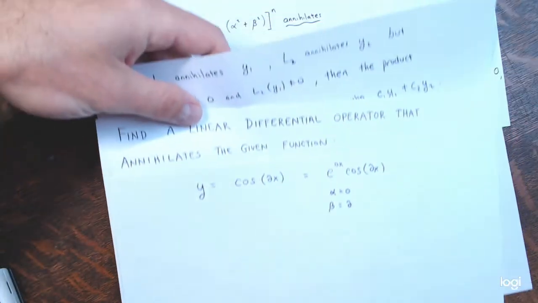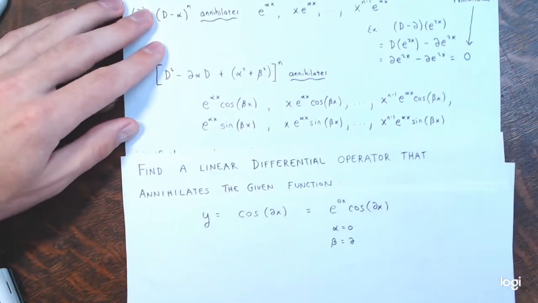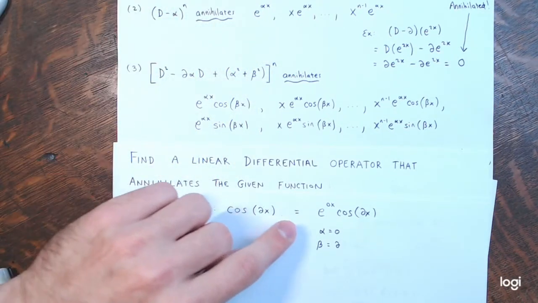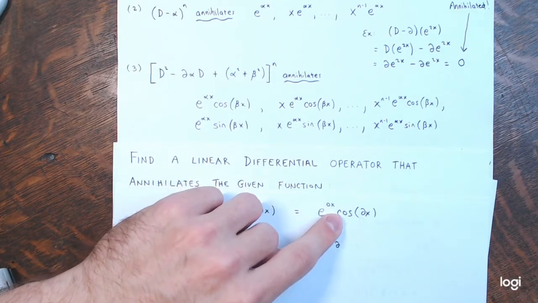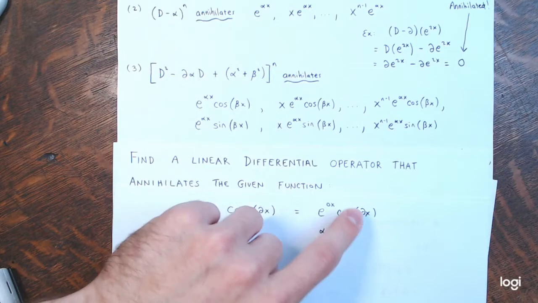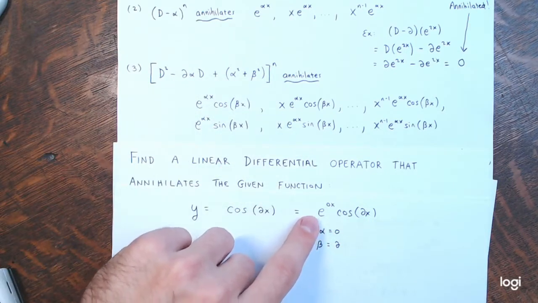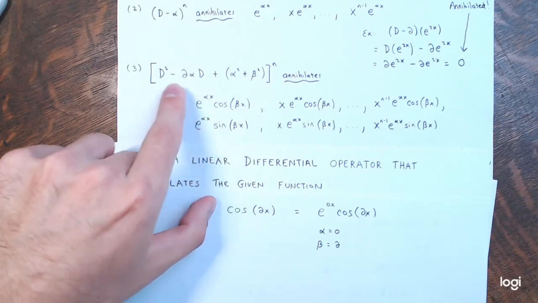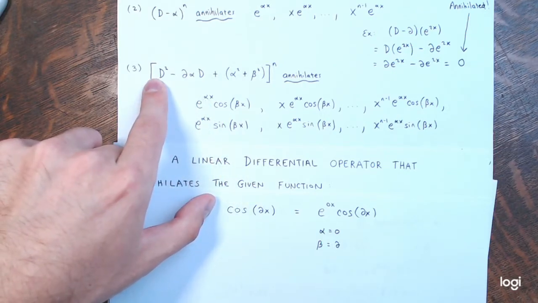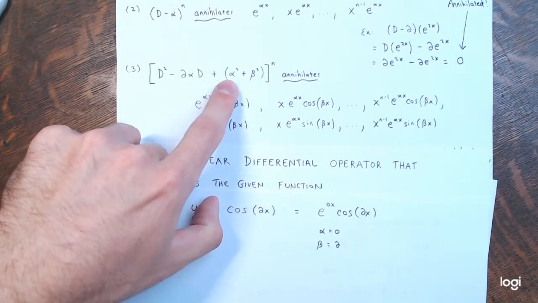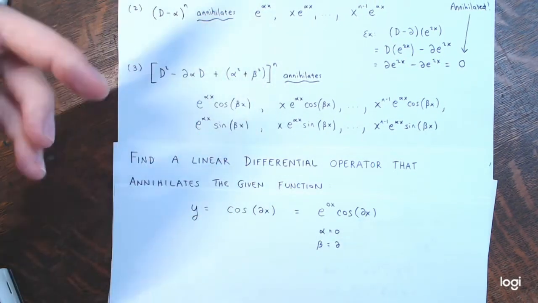Back in this rule that I wrote, these ones involving the trigs, they have alphas and betas, but again, e to the 0x cosine 2x is like alpha is 0 and beta is 2. And there's no power of x in front, so we're just focusing on this guy, and our operator would be D squared minus 2 times 0D, so no D, plus 2 squared.